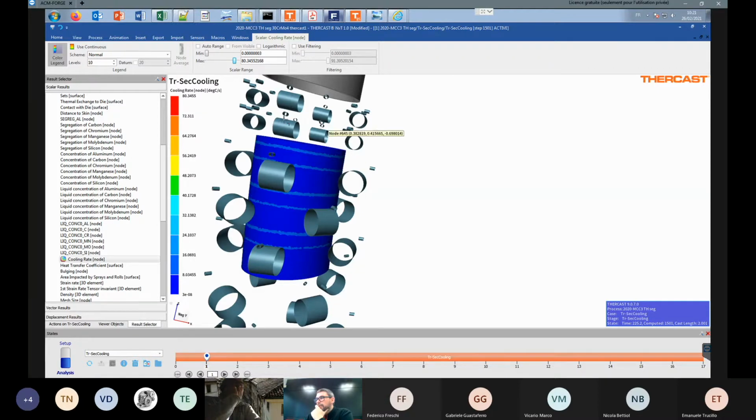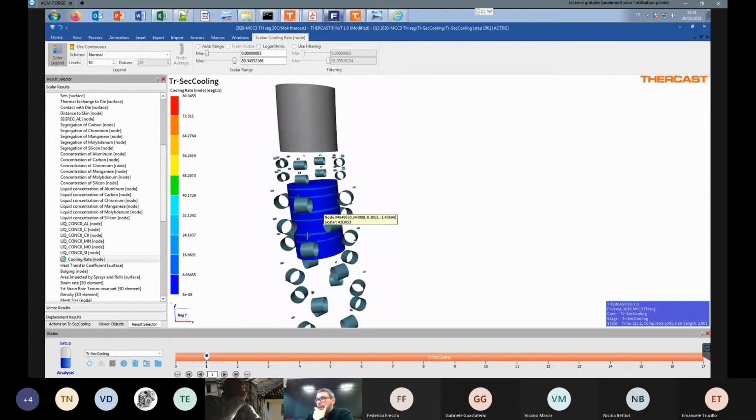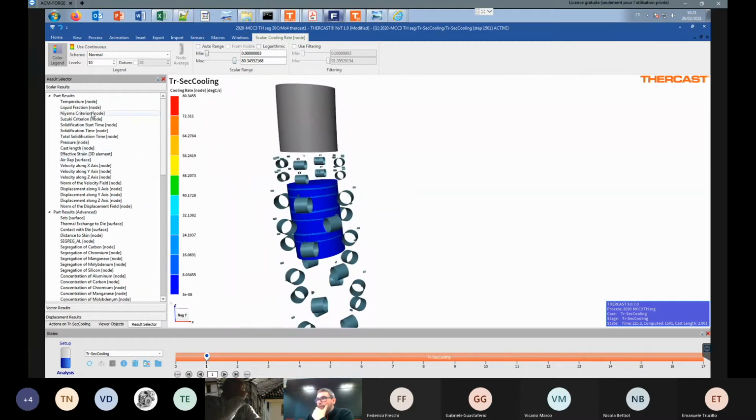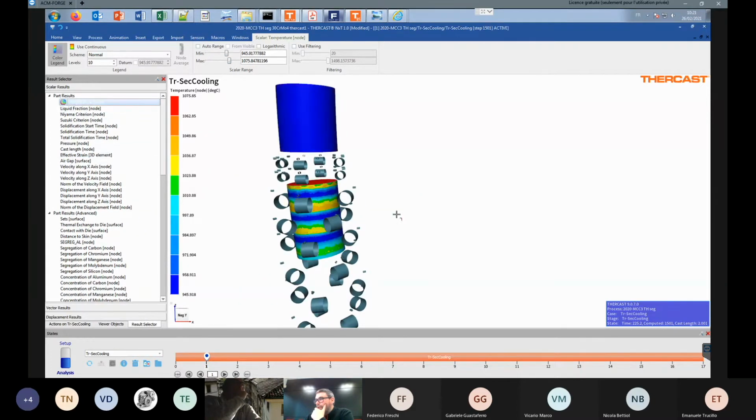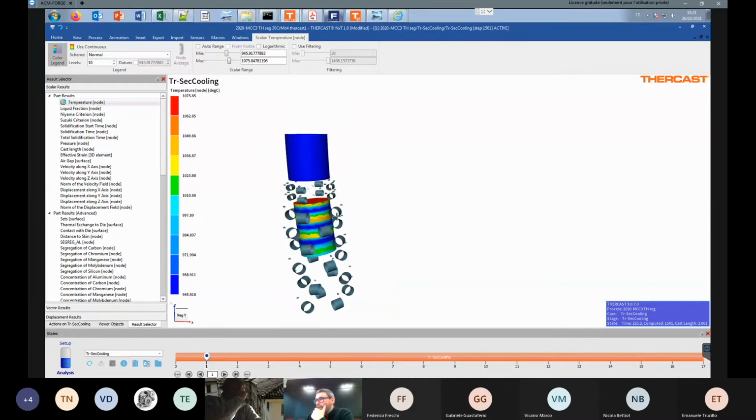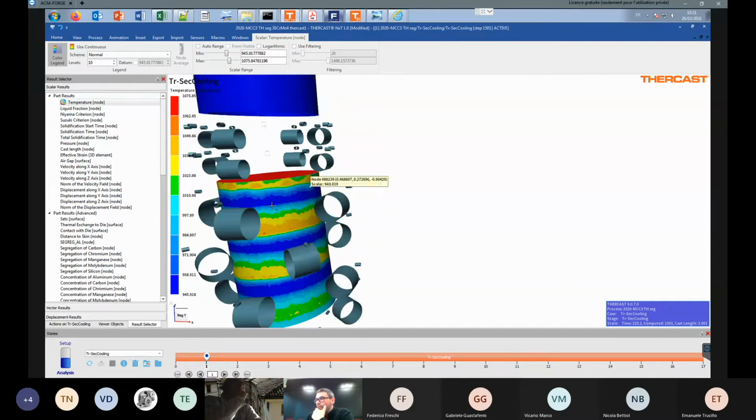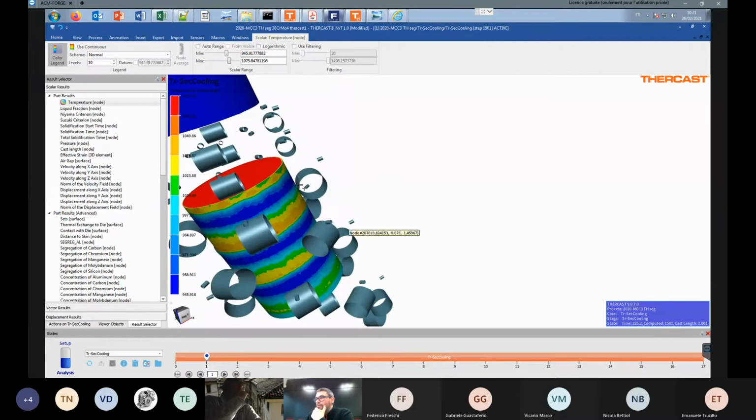Well, but what you have to see is that we take into account the evolution of the temperature on the surface of the big bloom.